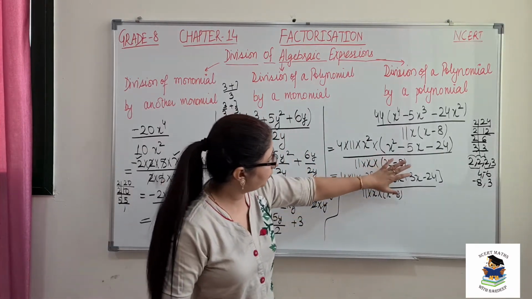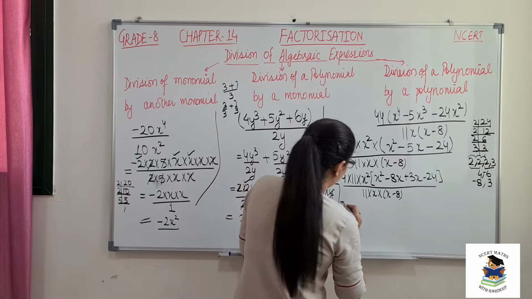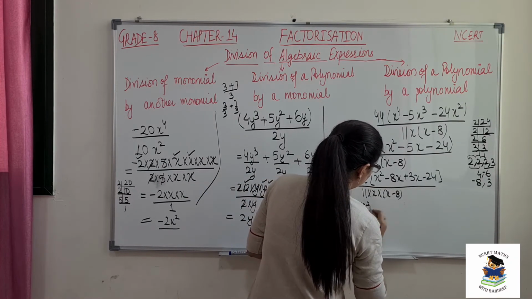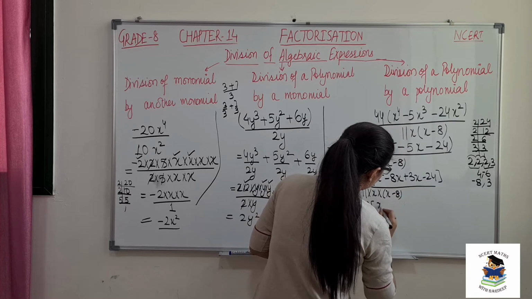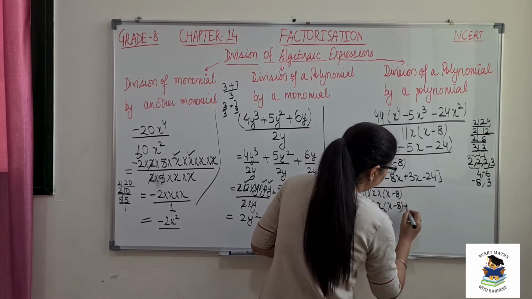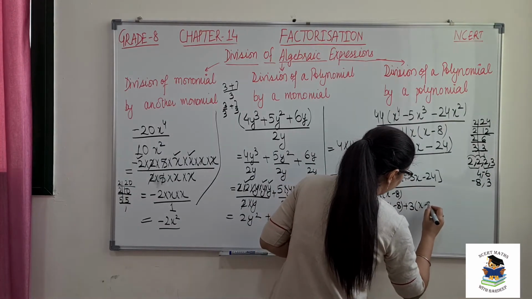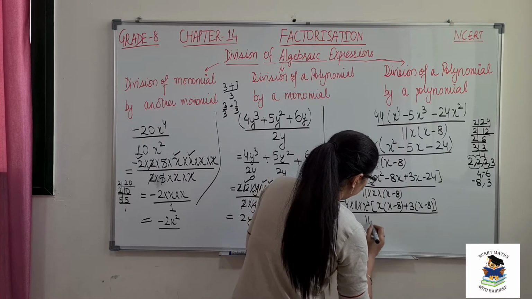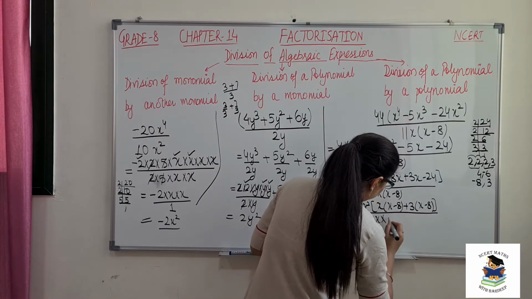Clear? So now we will regroup them and find the common factors. So 11 into x square: in the first term it will be x, so this is x minus 8. Here it is 3, so again x minus 8, over 11 into x minus 8.